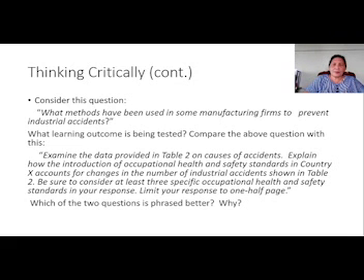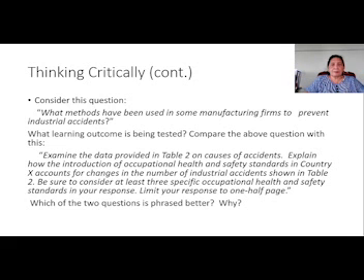Examine the data provided in Table 2. So in other words, Table 2 is the prompt. You have a Table 2 there with data. So examine the data provided in Table 2 on causes of accidents. And then you ask the students to explain how the introduction of occupational health and safety standards in a certain country accounts for changes in the number of industrial accidents as shown in the table.